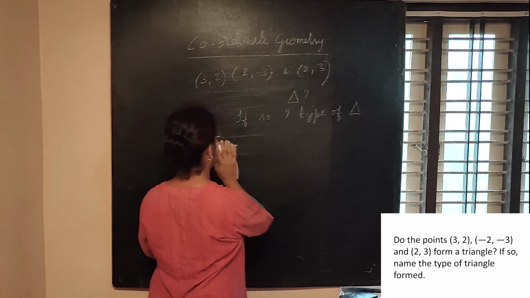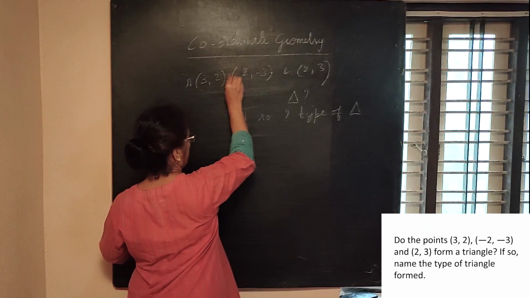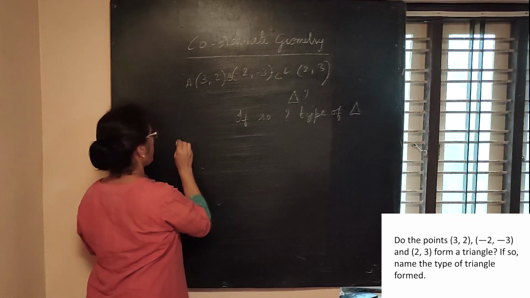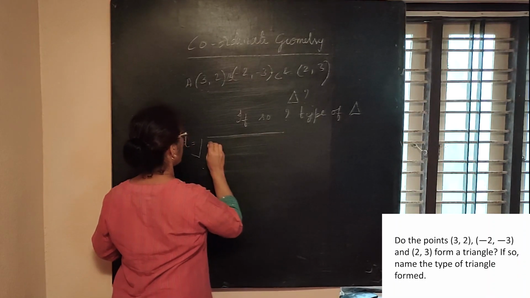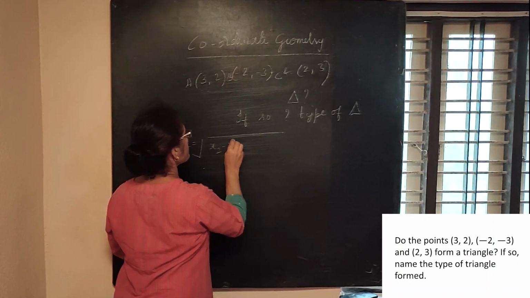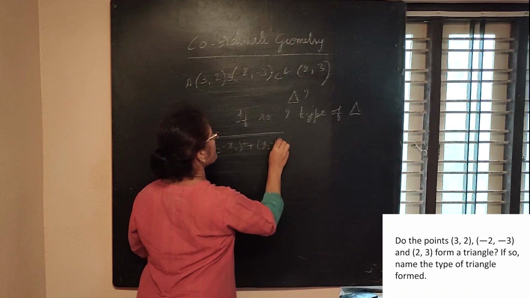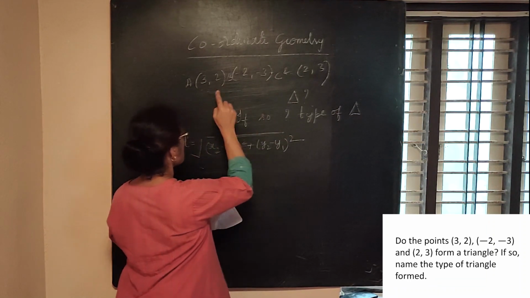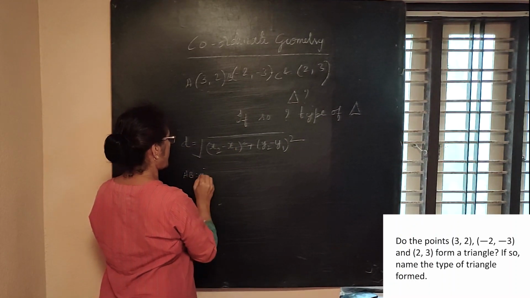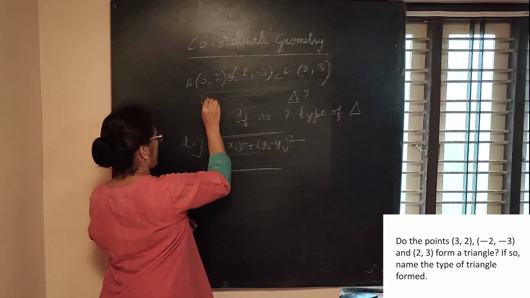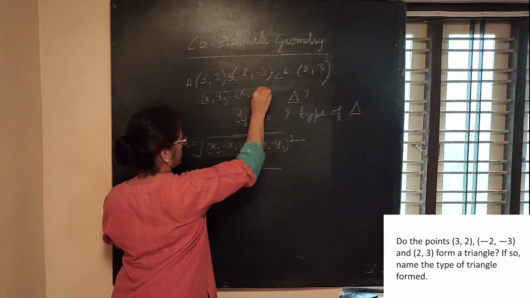So, let us check this. Let us take this as A, this as B, this as C. First let me write down the formula: d is equal to the square root of (x2 minus x1) the whole square plus (y2 minus y1) the whole square. For AB, in the pencil you can write this as x1, y1 and this as x2, y2.